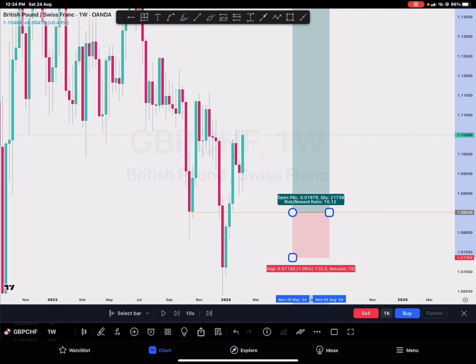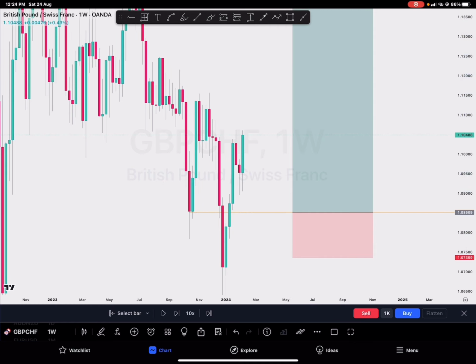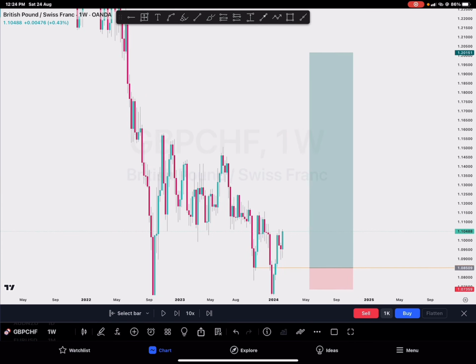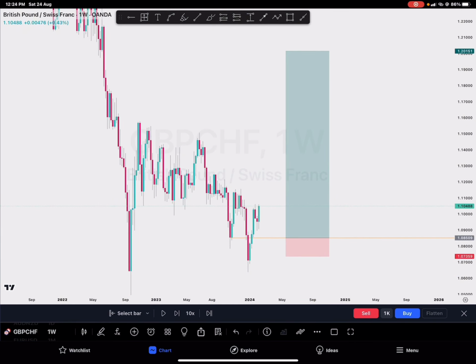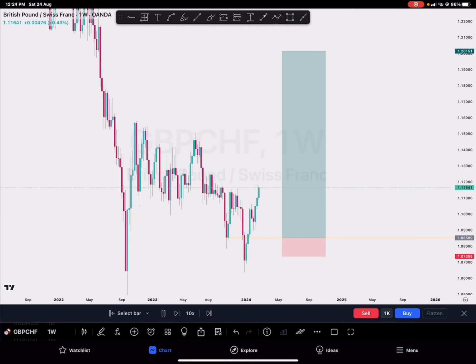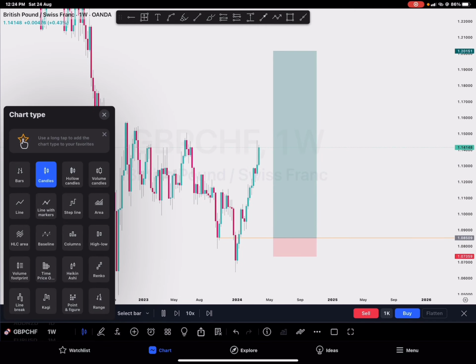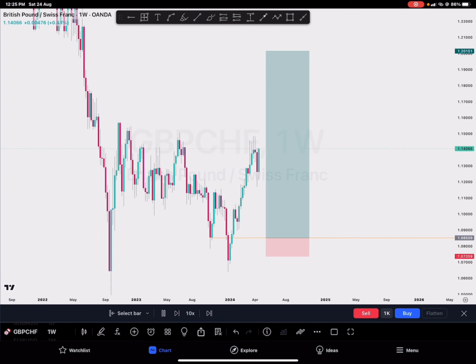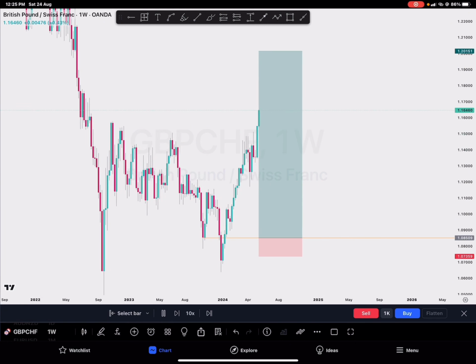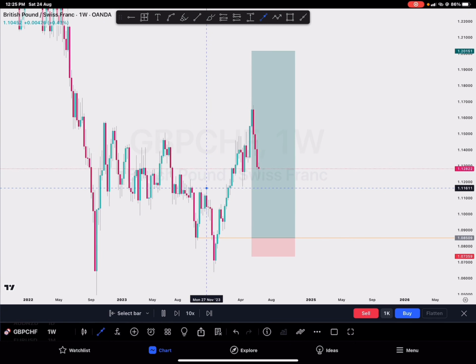I had marked it here. So price came, took the stop loss, then later price came to perform a shift point here. So you can see price performed a shift point.